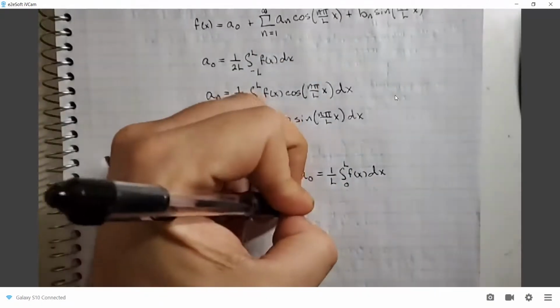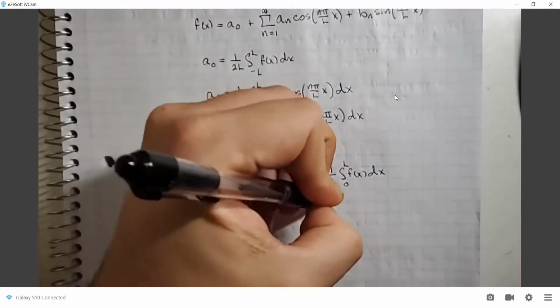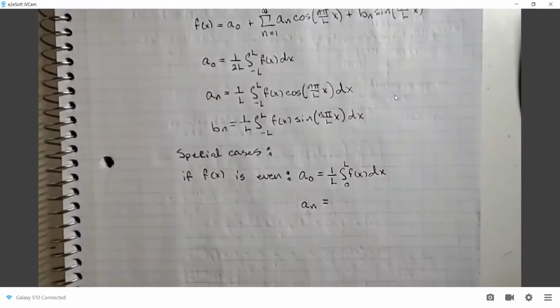And then what about an? So let's see here. Cosine is the even function out of these.